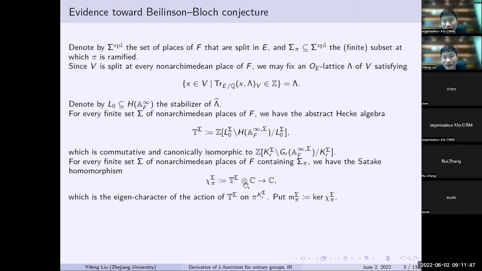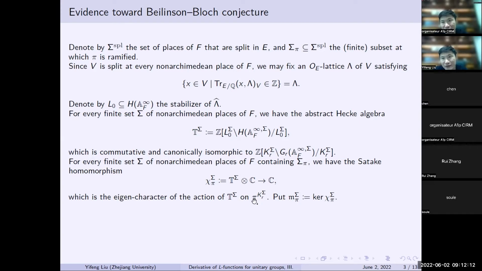From T sigma tensor C to C, this is simply the eigencharacter of the action of T sigma. This is a commutative algebra. It acts on the K_R sigma. So this algebra is the same as this one. So if you take K_R sigma invariants, this is a commutative algebra acting on this invariant subspace.